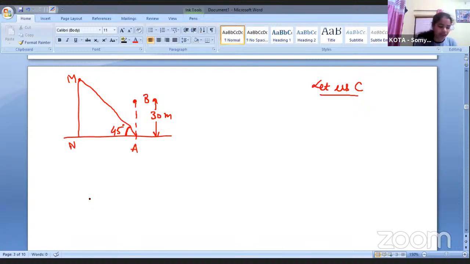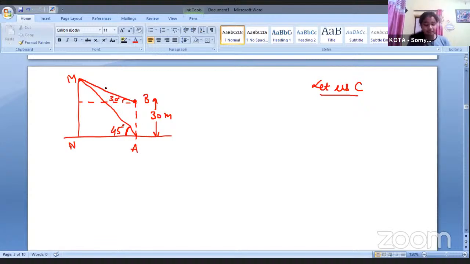Now, if the angle of elevation of the top of the tower from B, this one. Now, an angle will not lie in air. It will have to have some base. So we will just make a simple line so that it will get a base, and this angle will be, as given in the question, 30 degrees, the angle of elevation again.